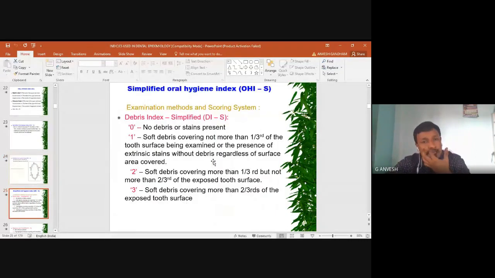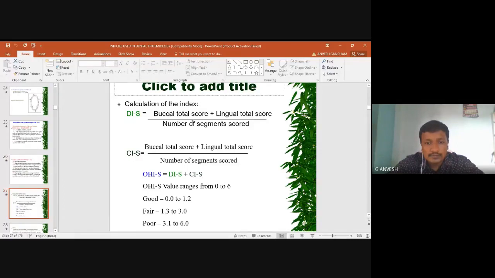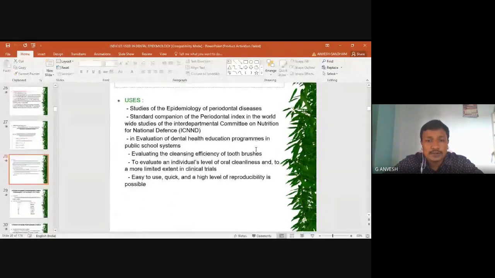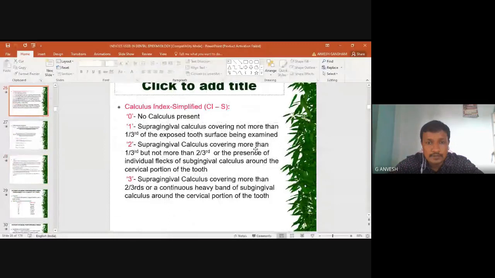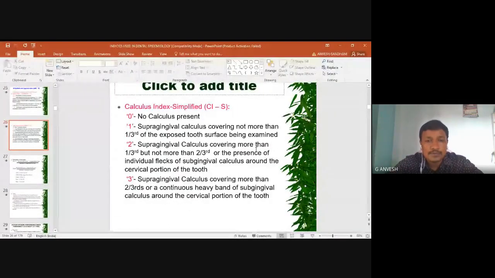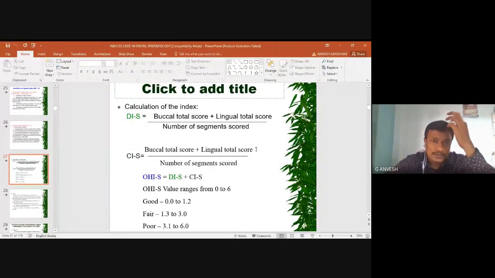Next, the examination methods and scoring systems. The scoring will be the same for both the oral hygiene index and the oral hygiene index simplified. So this is your calculation part, the calculation of the index. For the debris component, we add the total buccal score plus the total lingual score, divided by the number of segments scored.